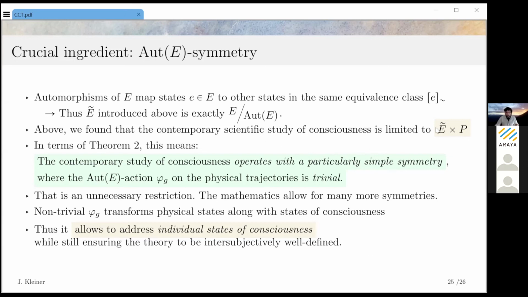The standard methodology corresponds to first implementing intersubjectivity and then hypothesizing about how states of consciousness and physical states relate. What the mathematics here just allows us to do is to exchange that order. So we can first say something about the connection between physical states and states of consciousness, and subsequently implement intersubjectivity.